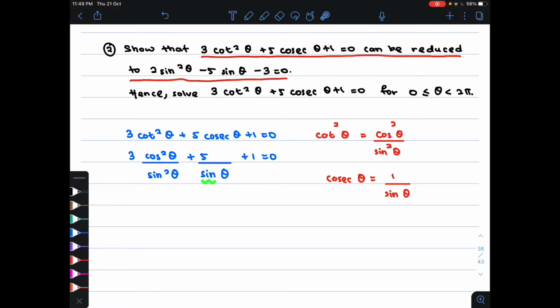So this is sine, this is also sine, except that this is to the power of 1, this is to the power of 2. So pick the highest power. So times everything here with sine squared theta.